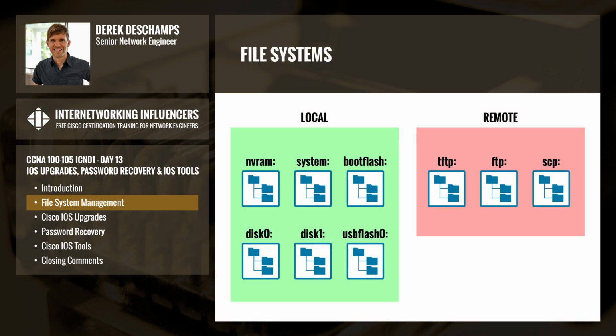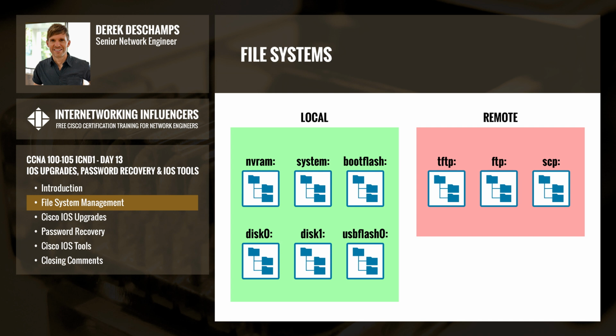Each Cisco device has access to many different file systems. These file systems can be located on local storage devices, such as NVRAM and flash disks, or they can be located on remote devices, such as TFTP, FTP, or SCP servers.